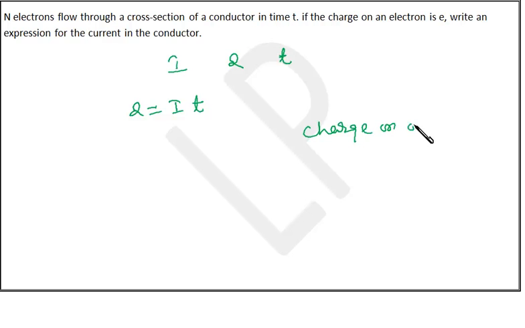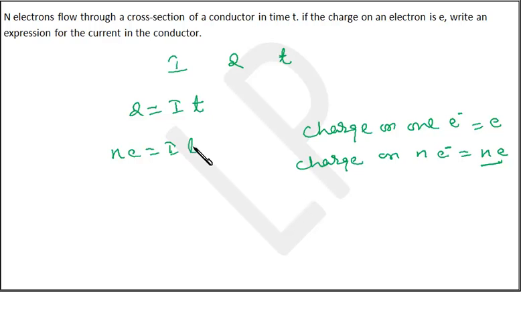Charge on one electron is E. That means the total charge on n electrons will be Ne, and this total charge is nothing but this Q. So Ne is equal to I into T.